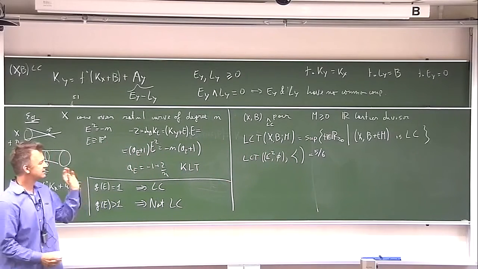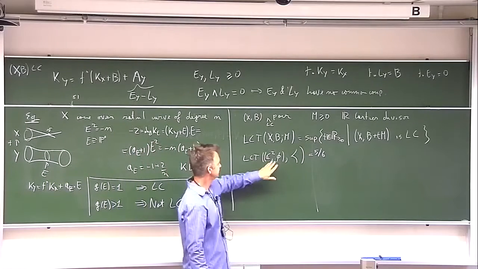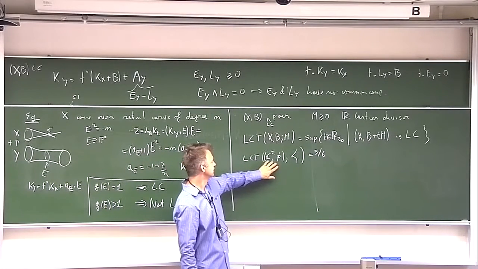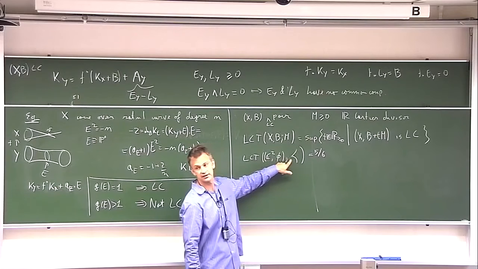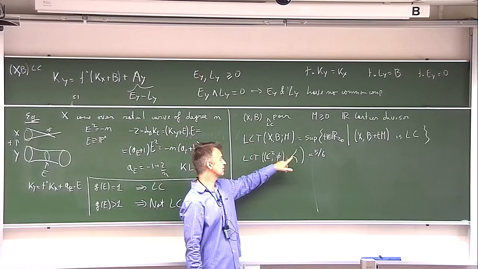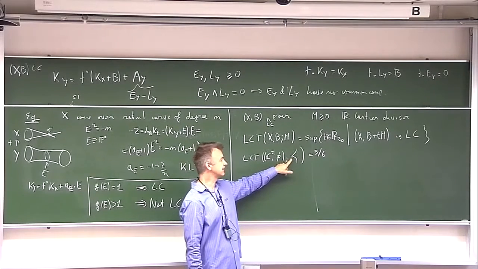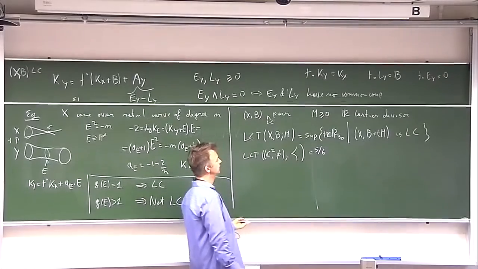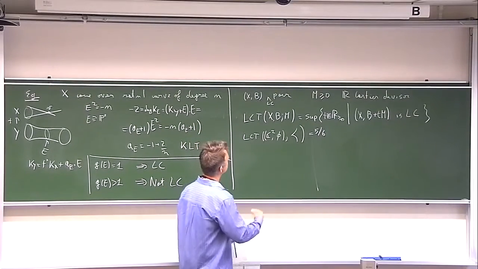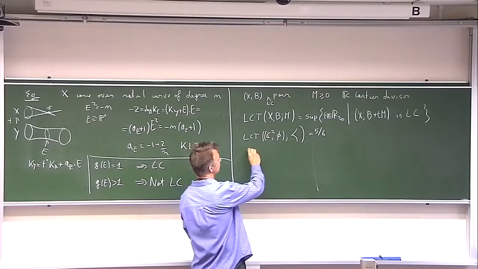This is supposed to point out to you that log canonical thresholds are interesting. This is a smooth variety, there's no singularity here, so this log canonical threshold is only measuring the singularity of the cusp. And it's an interesting measure of this singularity. It's certainly not measuring the multiplicity, the multiplicity is 2, so it's measuring something else that's going on. We'll find out later why this is so important.